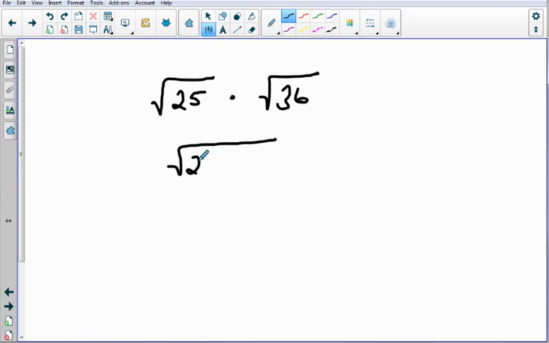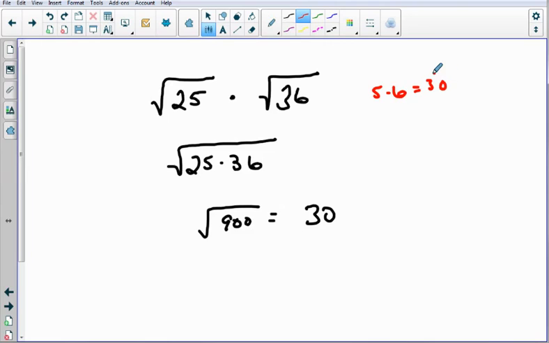So we take 25 times 36, and this time we're going to use a calculator. 25 times 36 is 900, and the square root of 900 would be 30 times 30, so that would be 30. I'm going to check real quick, because we said that's 5 times 6, and 5 times 6 is also 30. So we see that that works.